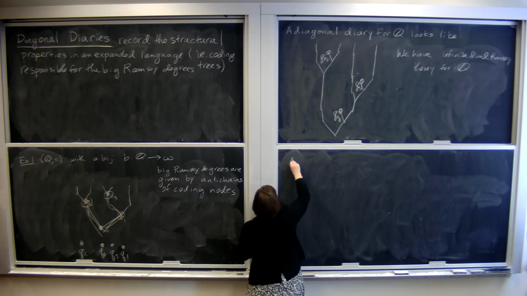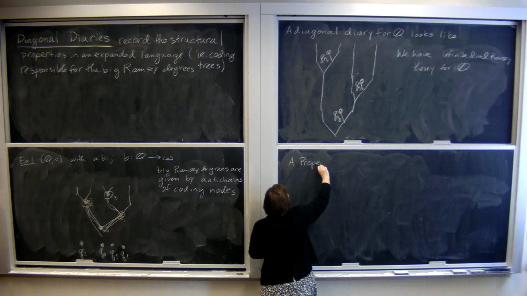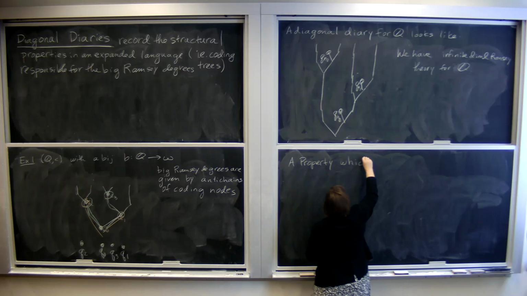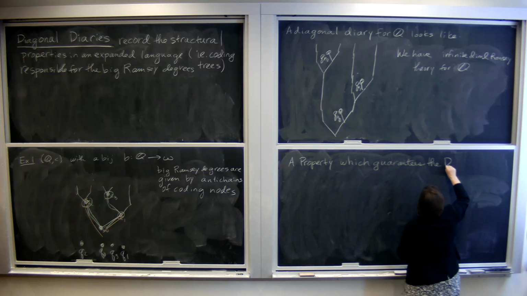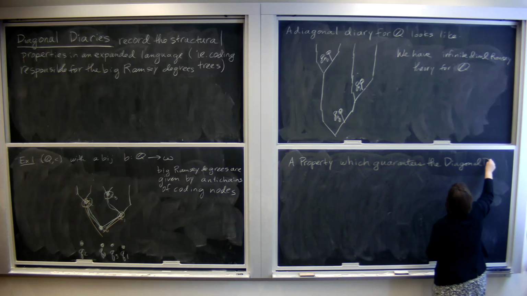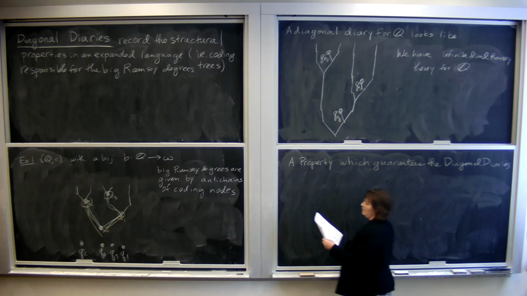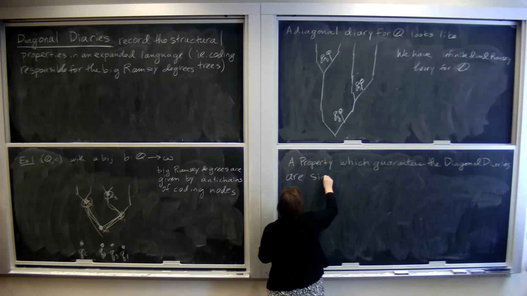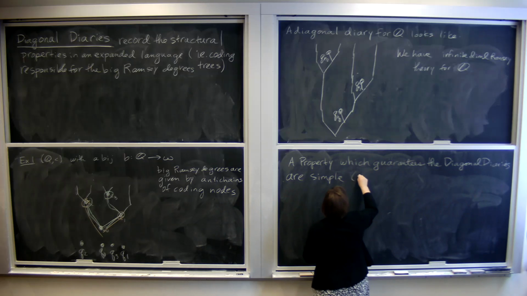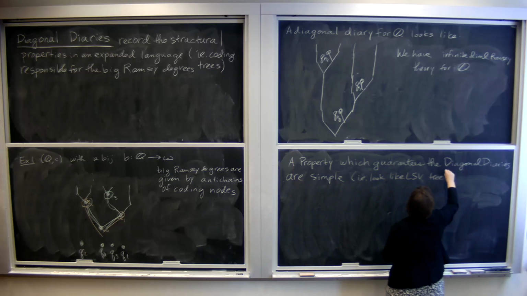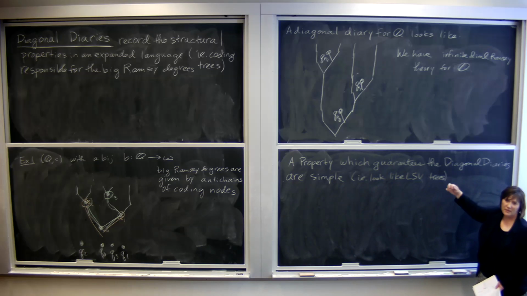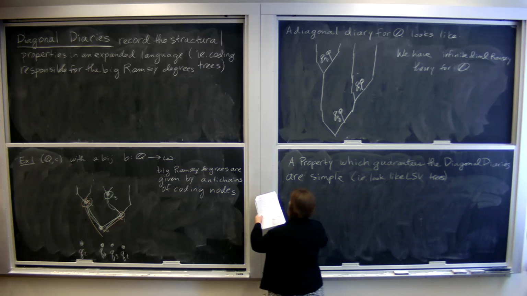This is the property which guarantees that diagonal diaries are simple, meaning that they look like the diagonal anti-chains used by Laflamme, Sauer, and Vuksanovic, which is very similar to this, except you need some passing numbers to encode edge, non-edge, relation, not relation, etc.